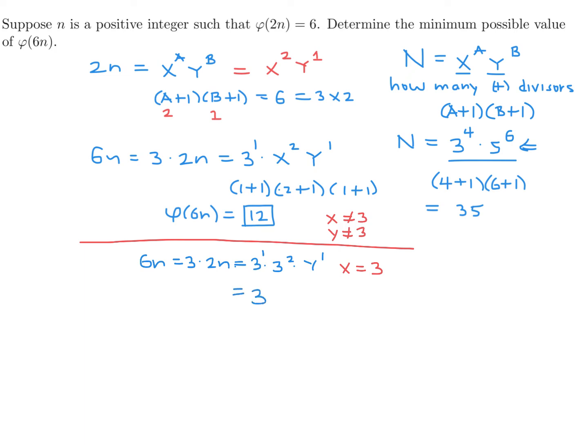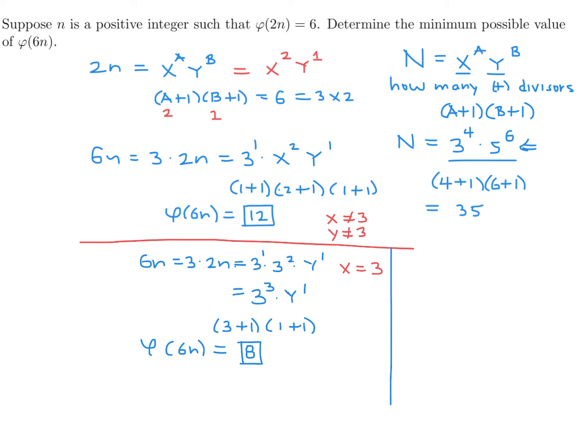This actually becomes 3 to the power of 3 times y to the power of 1. Now, if we use our system for the number of positive divisors, it would be that 3 up here, add 1, that 1 up there, add 1, and that therefore is 4 times 2, which is 8. Okay, now I've got 8 as my symbol 6n. That's pretty good, right? That's definitely lower than 12.